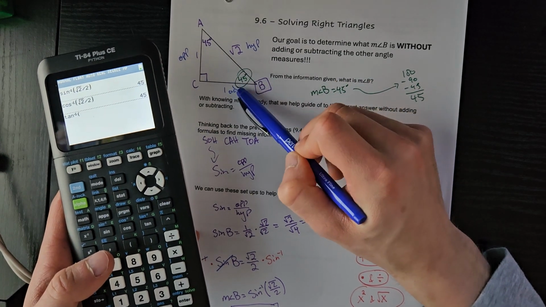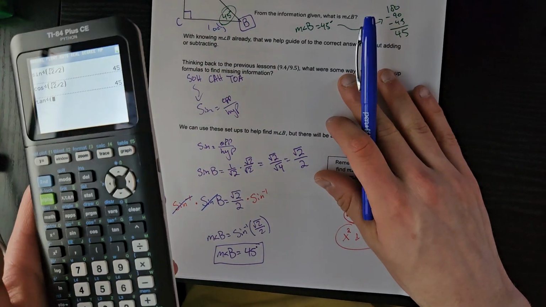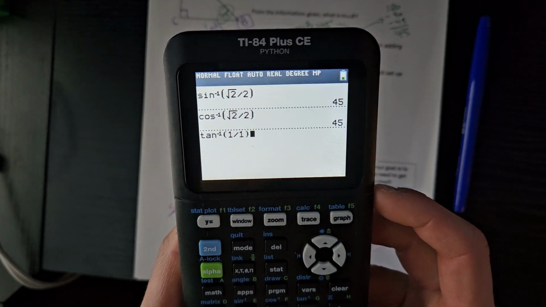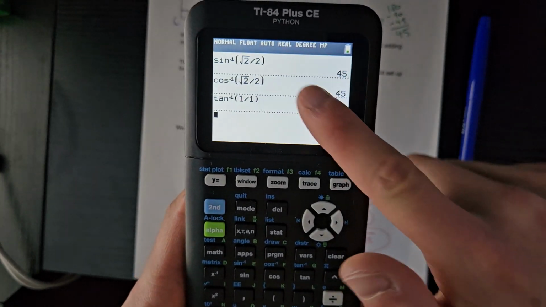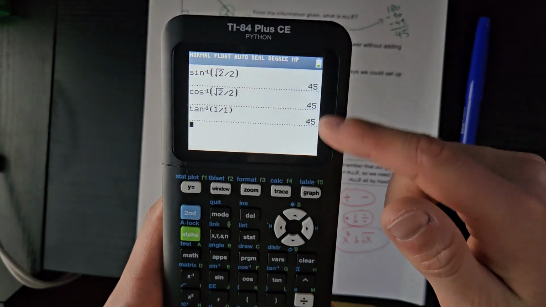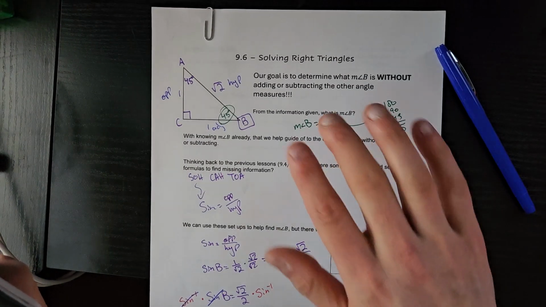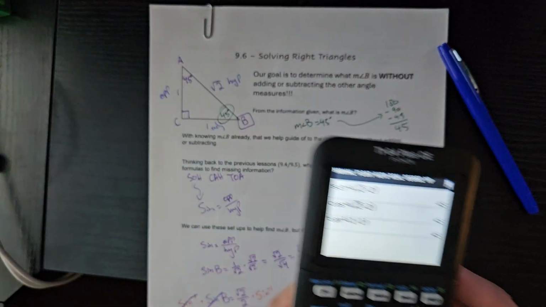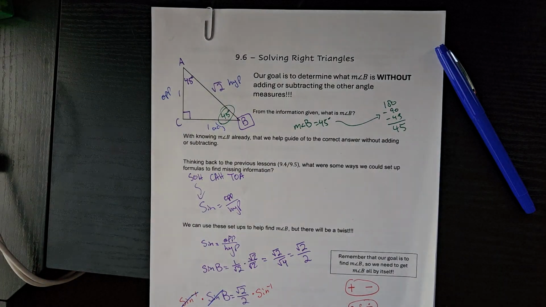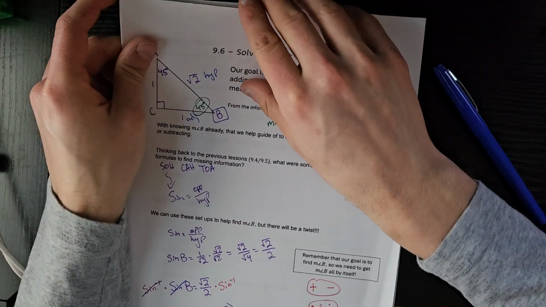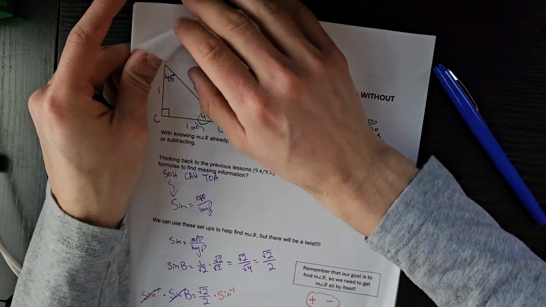So we'd take the tangent of 1 over 1, which is just 1. So the inverse tangent of 1 over 1 would also give me 45. So no matter which way you do this, you will get the right answer as long as you plug in the right side lengths. But this is our introduction to inverse functions. So let's go to the next page.